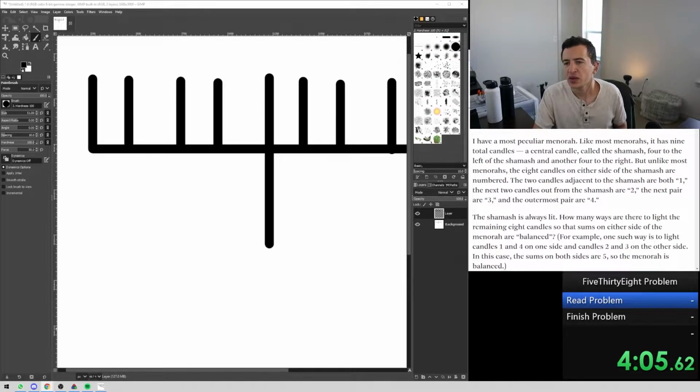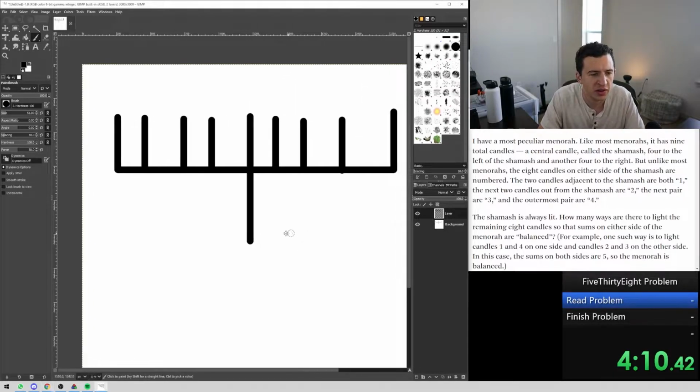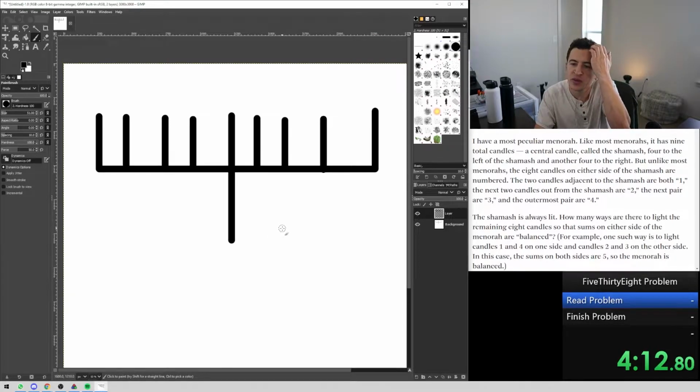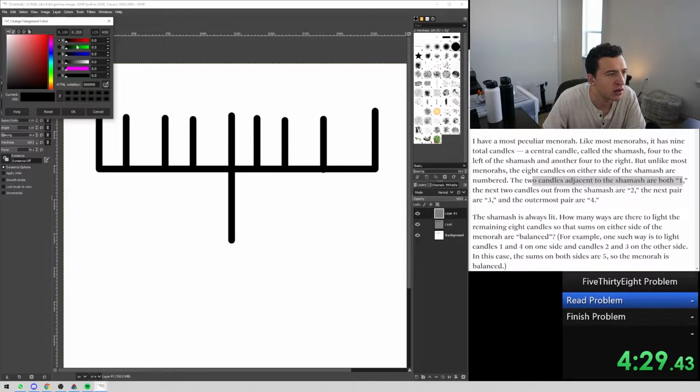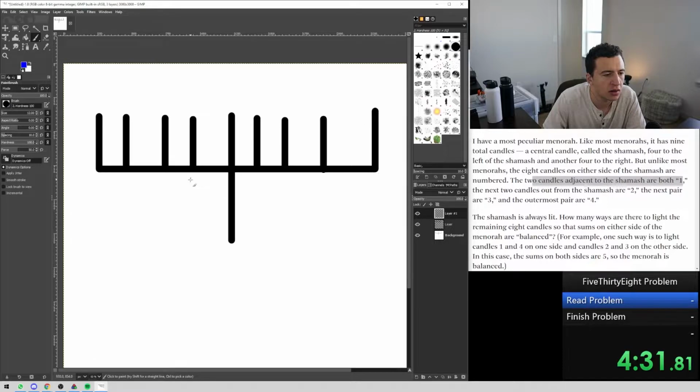Cool. All right, so this is the problem we're solving. And now this is our little workspace. So it got a little smaller, but we should be fine. All right. And so these are labeled, and the candles adjacent to the shamash are 1, then 2, 3, and 4. Okay.